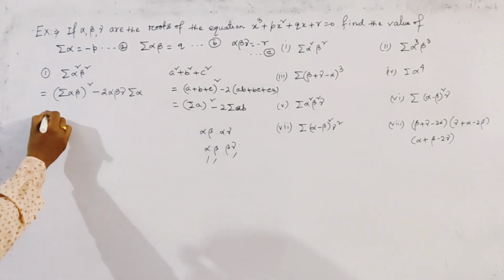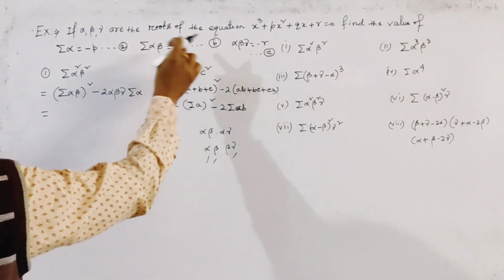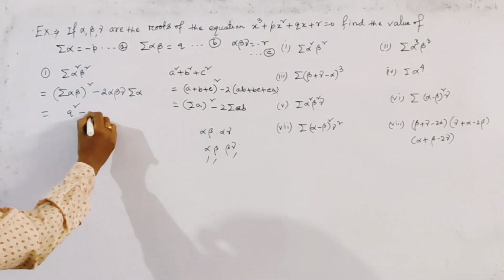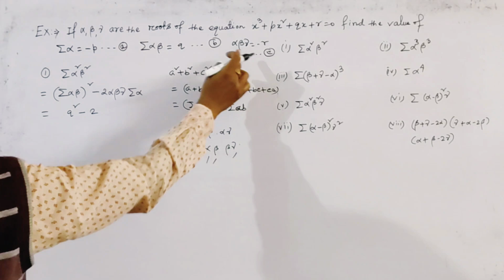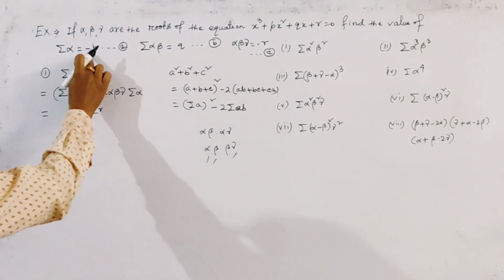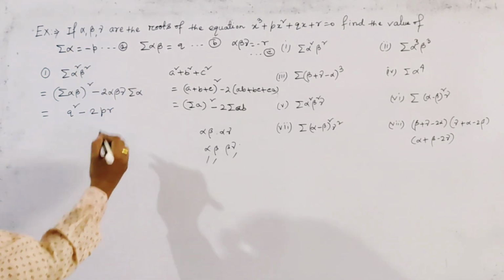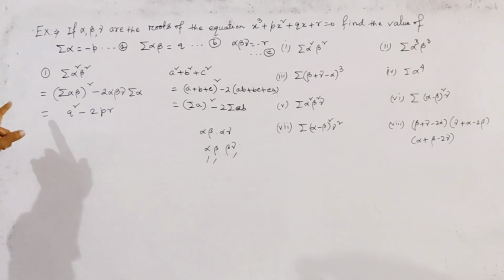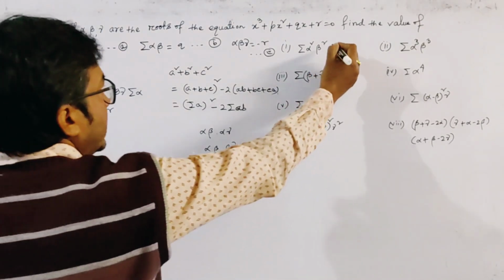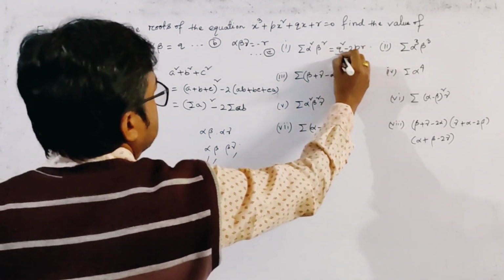We put the values from relations b, c and a: this is q square minus 2 into alpha beta gamma, which is minus r, and summation alpha is minus p, so we get pr. The value of the first relation is q square minus 2pr. This is the first answer.